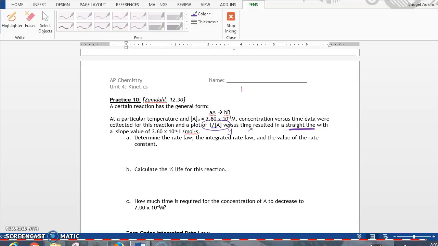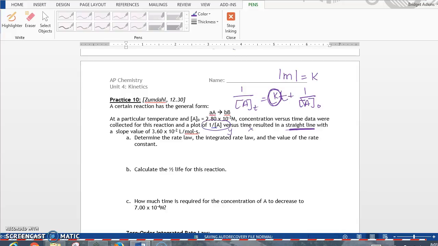So if I think about my second order kinetics, 1 over the concentration of A equals KT plus 1 over the initial concentration of A. What we said was important about slope is that we can get K from it, because T is our X, so K is our slope. And again, the safest thing to say is that the absolute value of the slope is equal to K, because in some of the integrated rate laws, K is negative, in others it's positive.